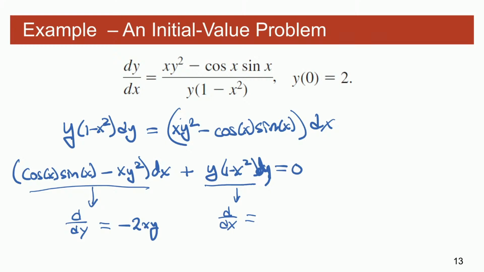All right, next one. Adric, what about the derivative of that second thing with respect to x? So remember that the y, you're going to treat the y as if it's a constant. Let me go over here with this one. So you have y minus yx squared.